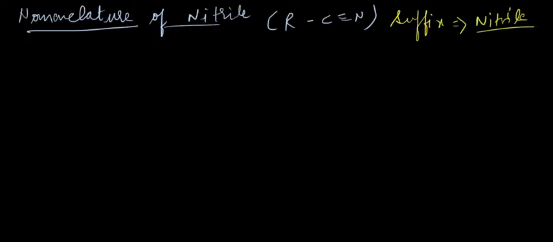Okay, so let us look into some of the examples to get more clarity on this thing. So let's suppose I have this compound, then its name would be ethane nitrile. Why? Because it has two carbon atoms.